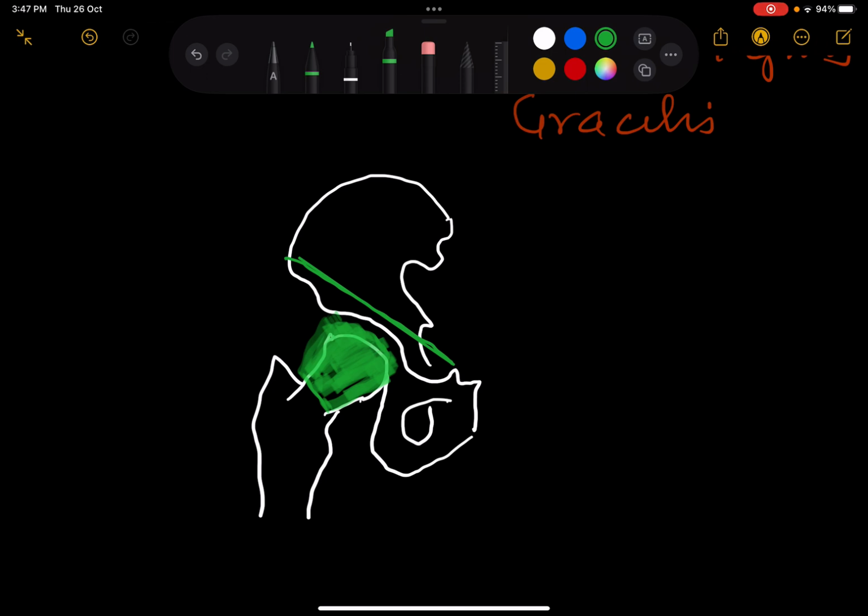So here you have the sacrum, you have the spine, you have the sacrotuberous ligament, which you can see here, and the sacrospinous ligament. So now we'll place the muscles.